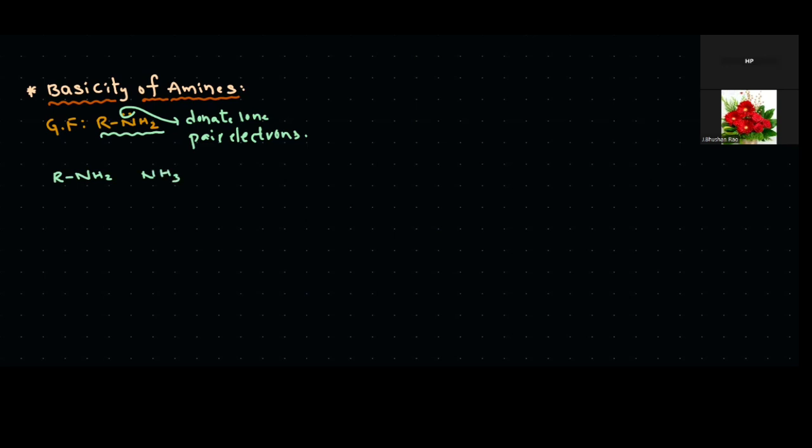In these given compounds, how do we identify the basicity? Both are basic compounds, but which one donates the electron pair more effectively? That is important. Here there is one alkyl group, and this alkyl group donates electrons towards the nitrogen.